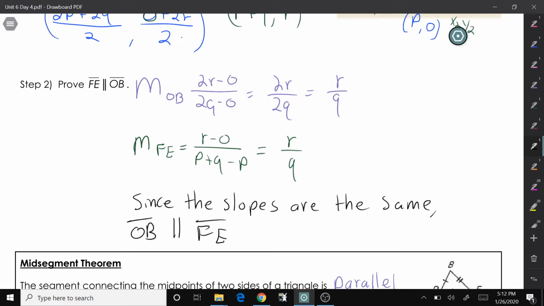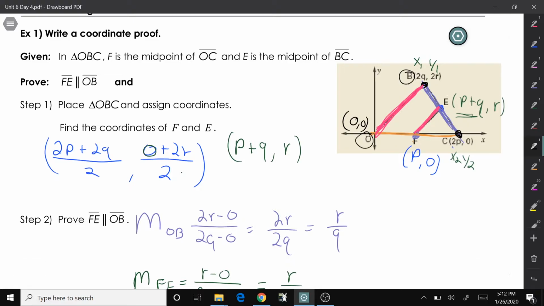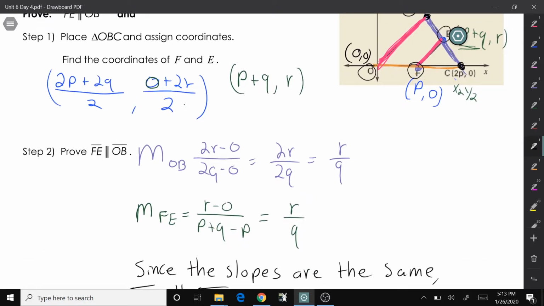So again, to recap, what we did was first we found the coordinates of E and F because we needed to calculate the slope. Then we found the slope between B and O, this point, this point, and this point, and then from E to F, this point to that point. And since they were both the same, that means the lines are parallel.